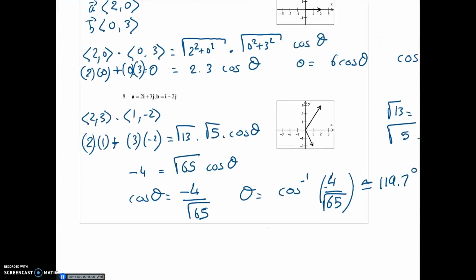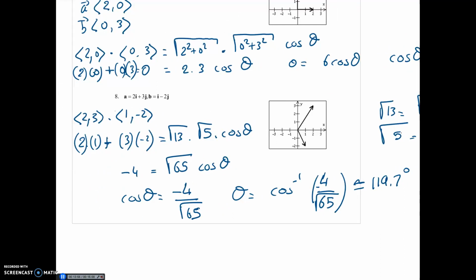So please, when you're multiplying, basically what you did is 2 times 0 plus 0 times 3. I do it again: 2 times 1 plus 3 times negative 2. Okay?